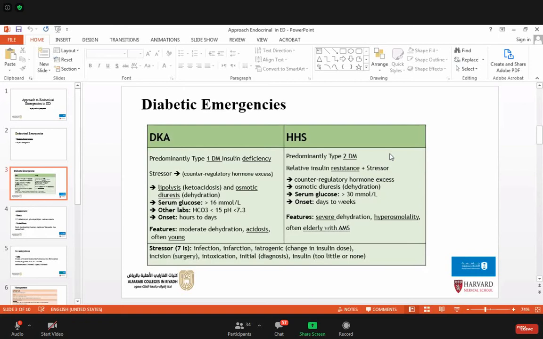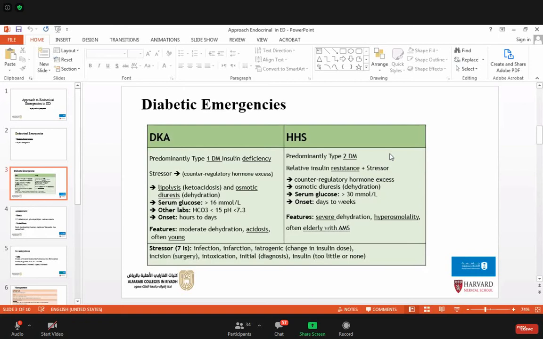And as the glucose goes with the urine, it will take some water. So water with the glucose goes in the urine, and that would lead to osmotic diuresis. So because of the osmolarity change, it will take also some water with it, and that will lead to dehydration.